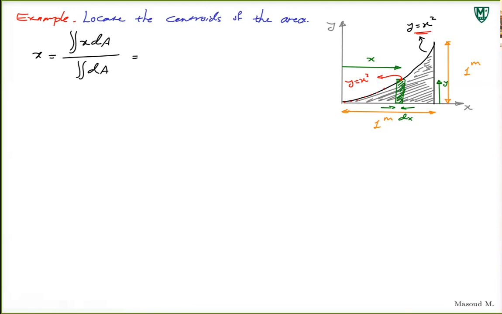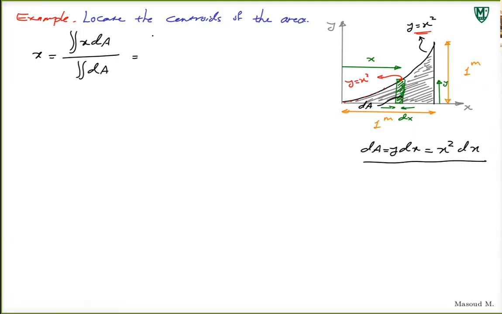So the area for this element, dA, is dx times y. So dA is y dx. The height is y, the width is dx, so the area of the element is y dx. Since y is x squared, it becomes x squared dx, and that's all we wanted.